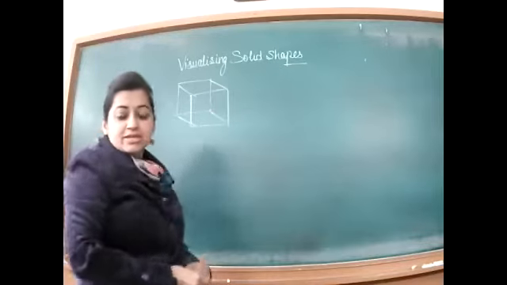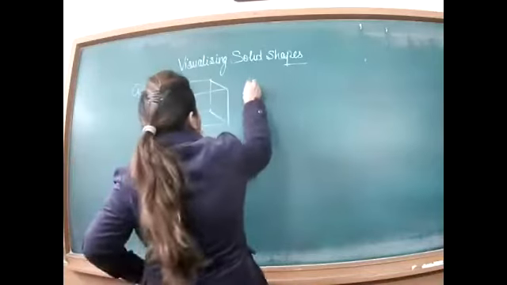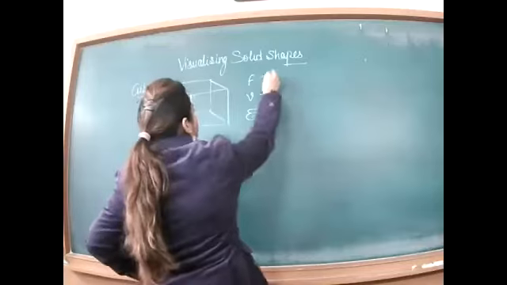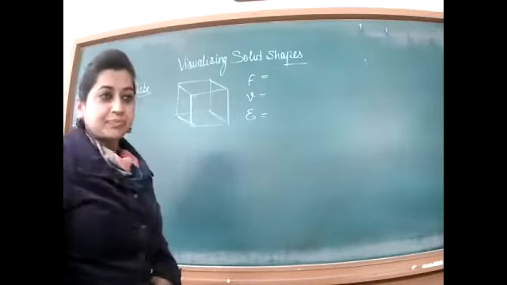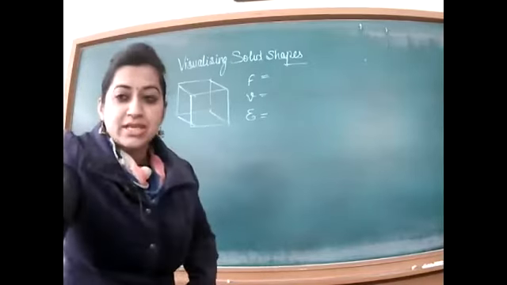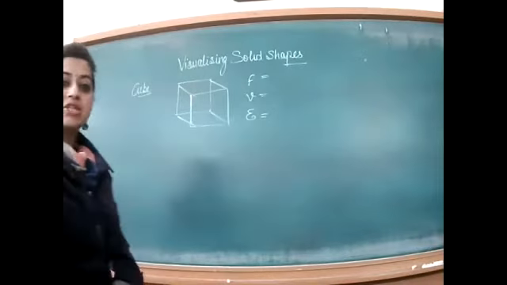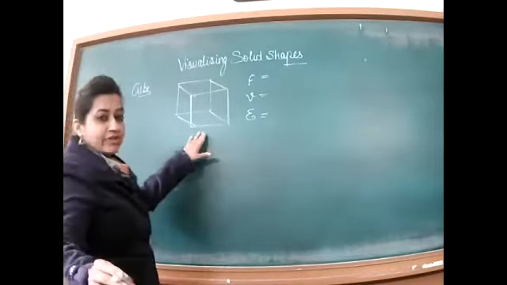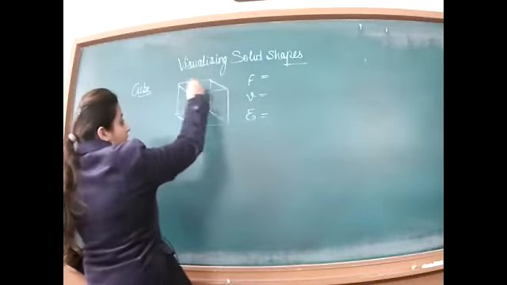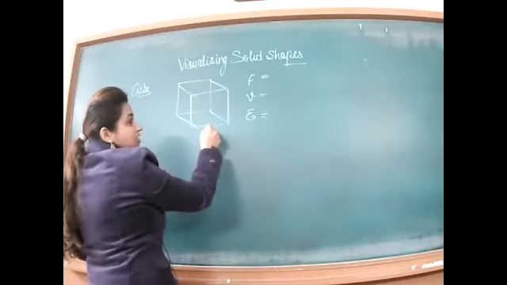then in this case, you have to verify how many faces, vertices, and edges are there. So let's count the faces, vertices, and edges. The faces, vertices, and edges in case of the cube are same as in case of the cuboid. You can count the faces: 4 on the curved surface area, and first and second at the top and bottom.